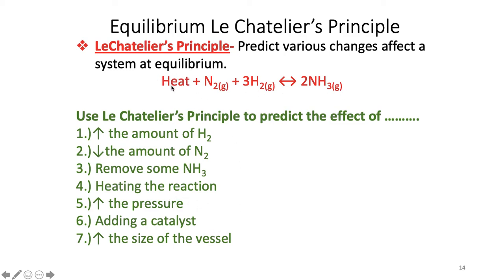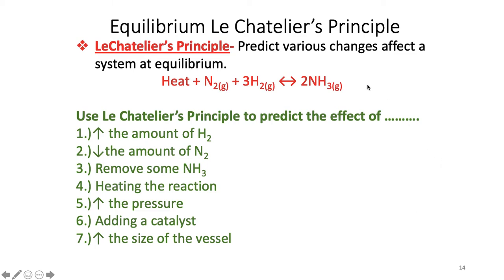But if you think of the heat in an endothermic reaction on the reactant side, exothermic on the product side, so if you think of the heat as another reactant or another product, then increasing the temperature, adding heat, or decreasing the temperature, lowering the heat will cause the reaction to proceed in the exact same way as if you increase or decrease the amount of reactant or product.